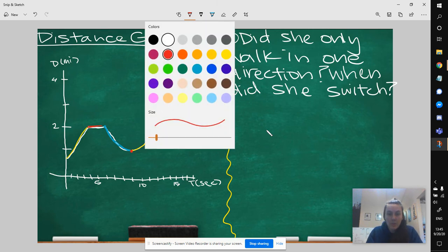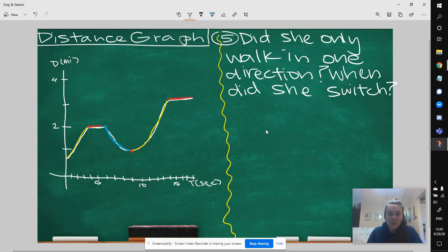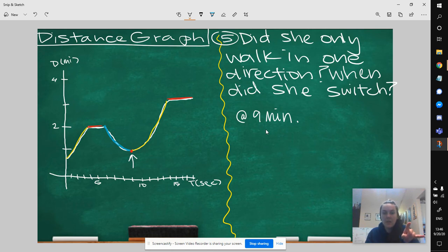So where are the points where I changed directions? Well, I definitely changed directions right here at 9 minutes. And then we can say that during my break, I also changed directions, because I was going forward from 0 to 4 minutes, and then from 6 to 9 minutes I was going backwards.